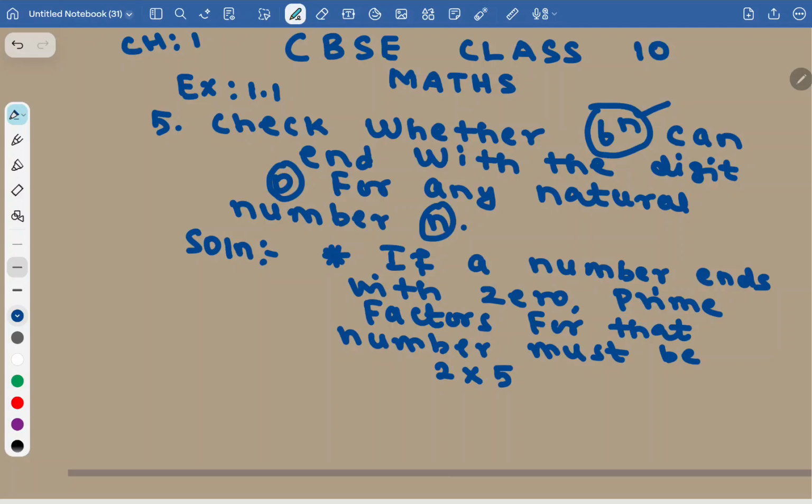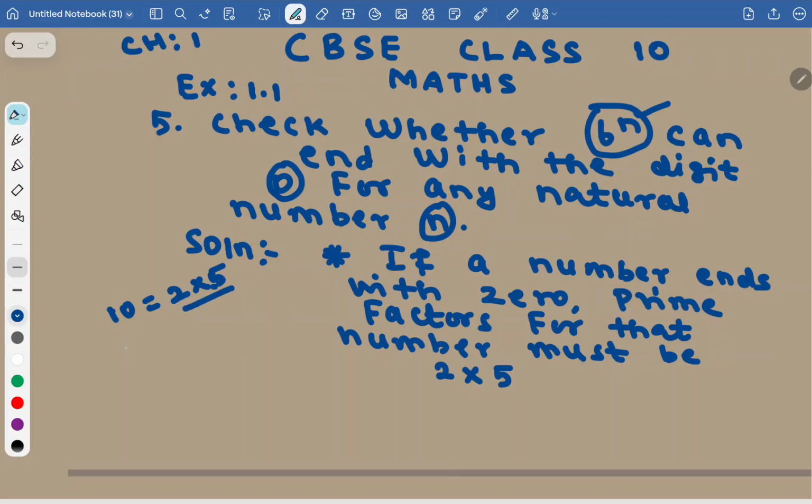This is important information regarding a number. If a number ends with 0, for example 10 ends with 0, the factors of 10 are 2 into 5.